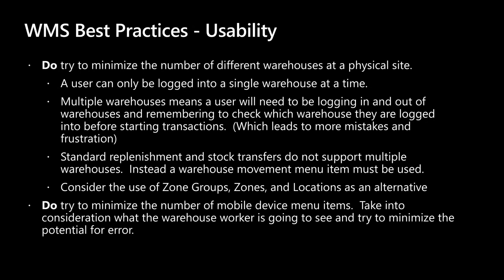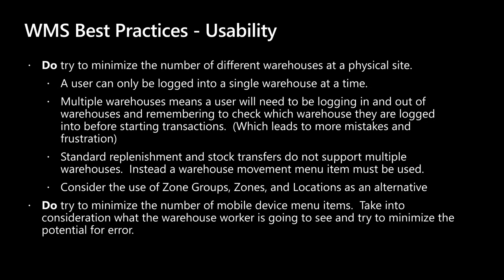Pretty soon you have quality control warehouses, raw material warehouses, production warehouses, finished goods warehouses, bulk storage warehouses, etc. And what that ends up leading to from a usability perspective is these handheld device users then have to try to maintain or remember exactly where they're at in a warehouse, log out of one warehouse, log into another, remember that they're in the right warehouse before they start transactions, etc. Pretty soon you're having to log in and out of multiple warehouses just to move product from one area of the warehouse to another. So what we recommend here is that you try to minimize that as much as possible.